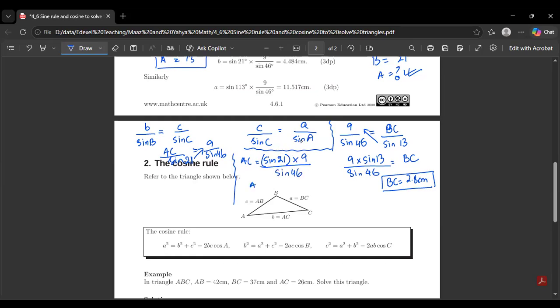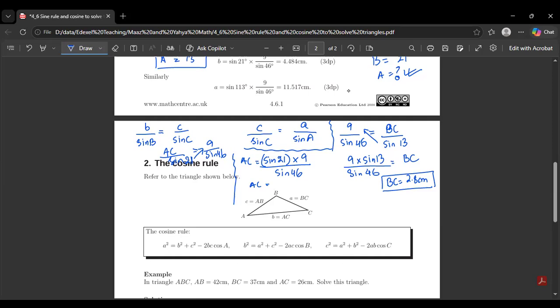Could anyone please tell me what answer we are getting? 9 times sine 21, by sine 46. Quickly, please make it fast so that we can complete this topic in today's class. Yahya, could you please tell me the value?